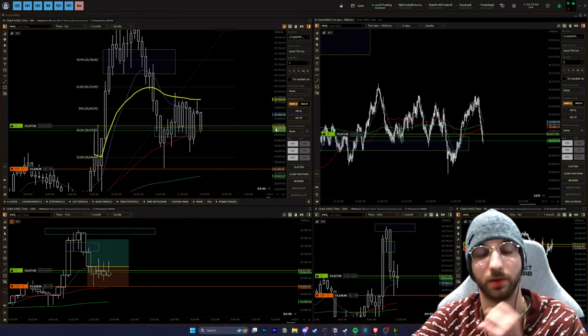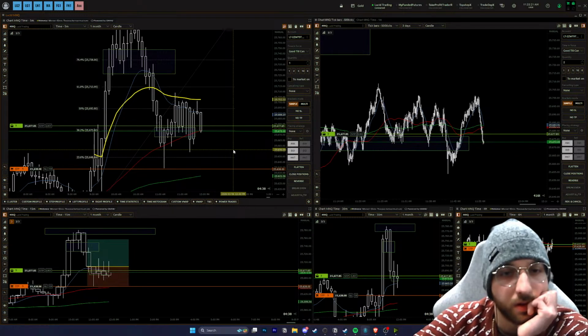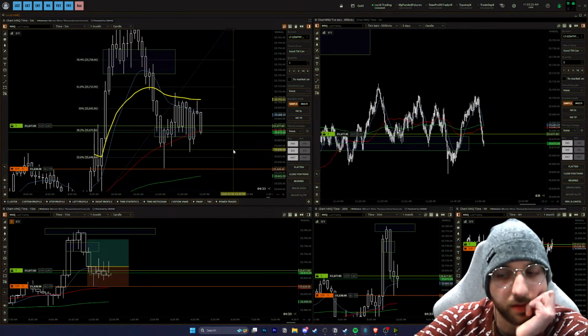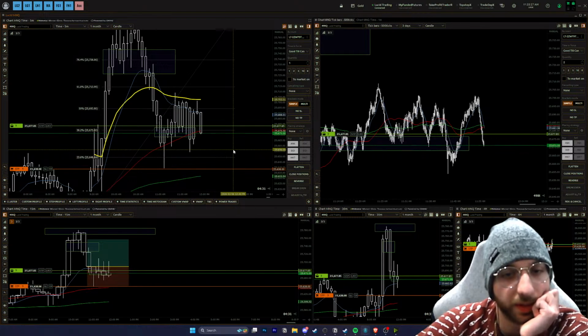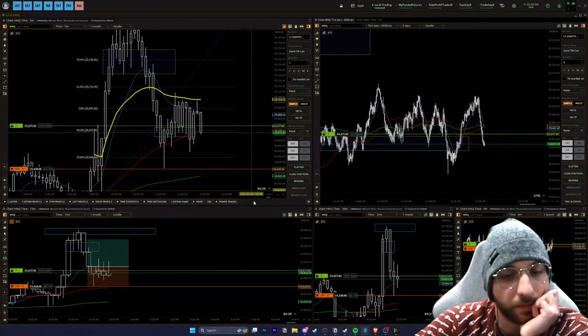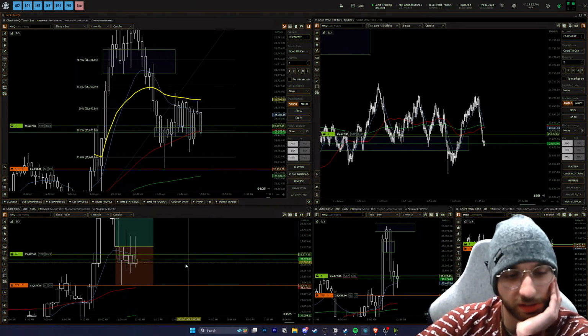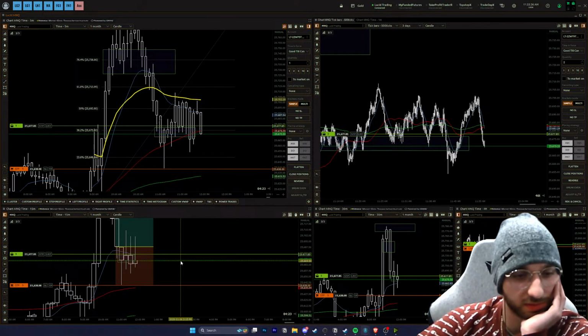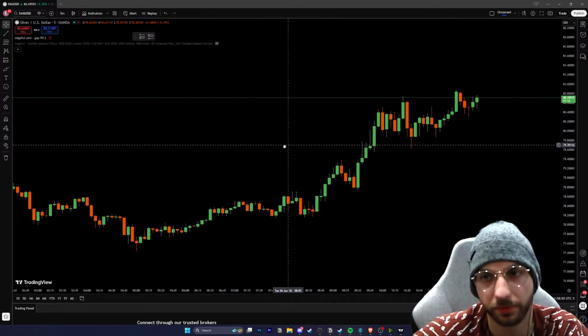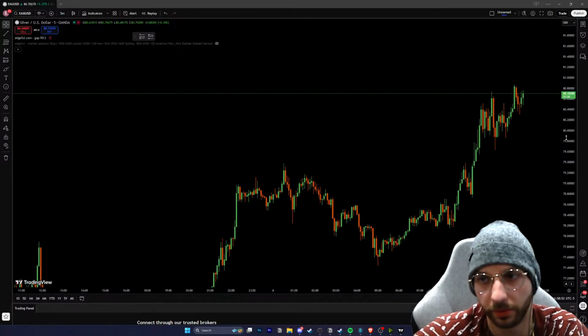Dude, this is crazy barcoding. $12 is in 5 minutes. Another wick on the 15. Let's hope it doesn't close here, because if it wicks 3 times. Yeah, well, yeah, it's near spot.